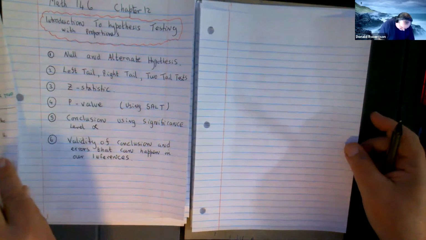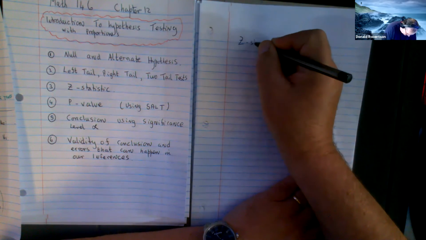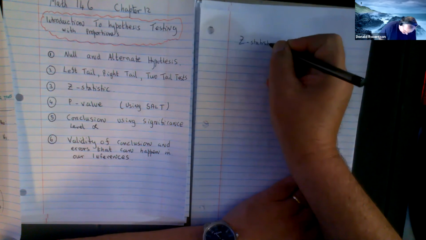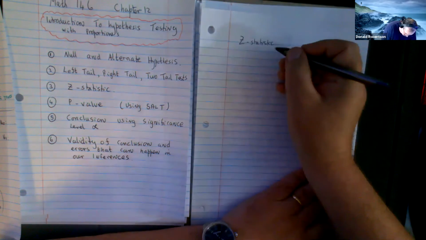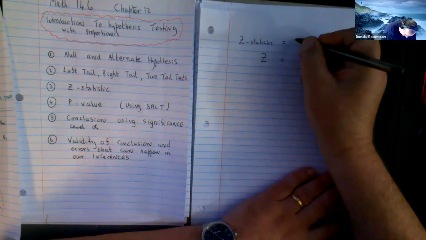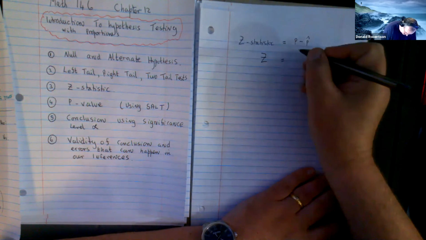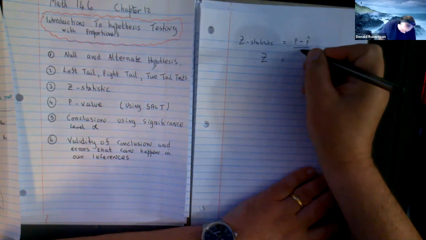So now I'm going to calculate what's called a Z statistic. Very often we just call it Z. It's P hat take away P, divided by the standard deviation.